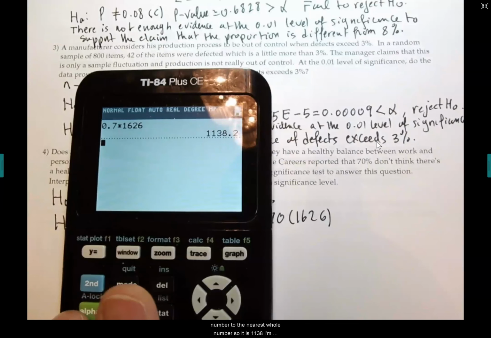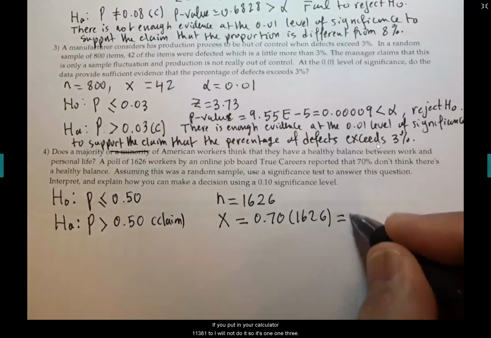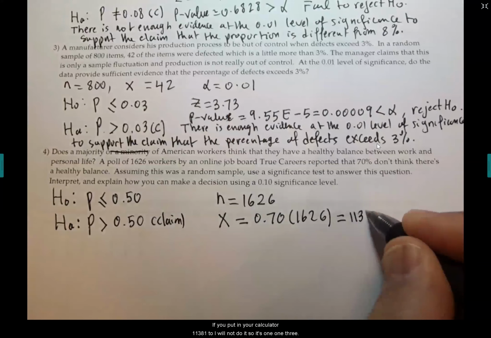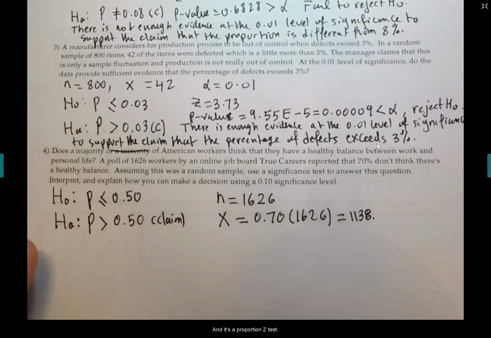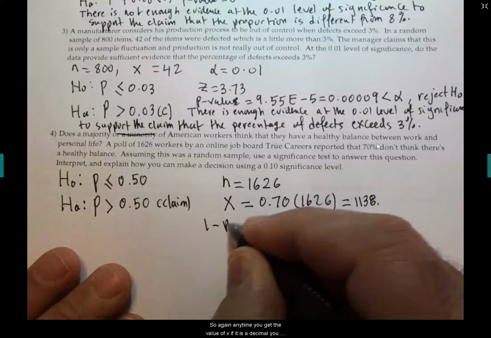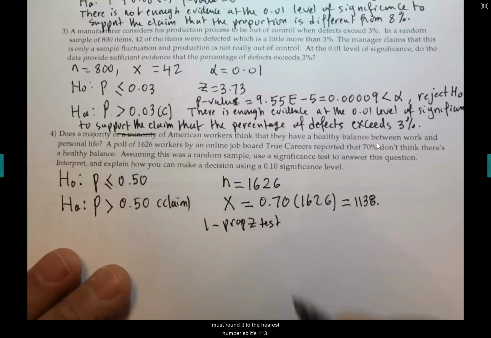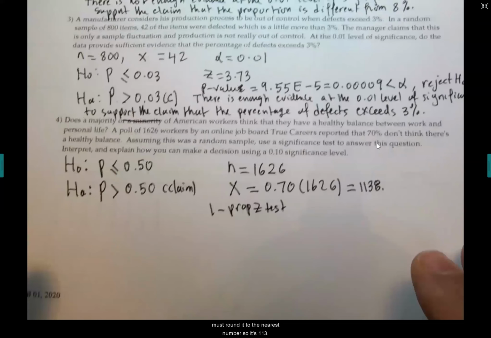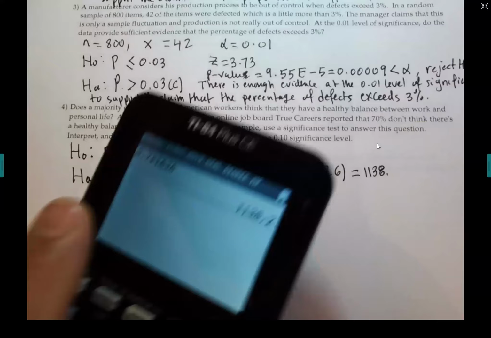So it is 1138. I'm going to use 1138. If you put in your calculator 1138.2, it will not do it. So it's 1138. And it's a proportion Z test. So again, anytime you get a value of X, if it's a decimal, you must round it to the nearest number. So it's 1138. Okay, let's run the test now together.